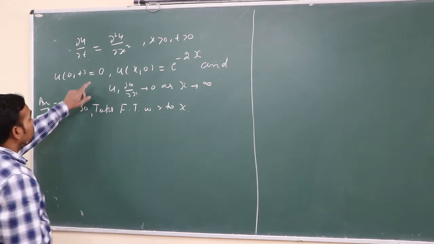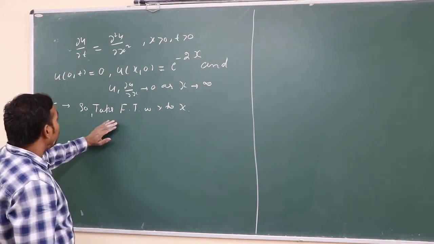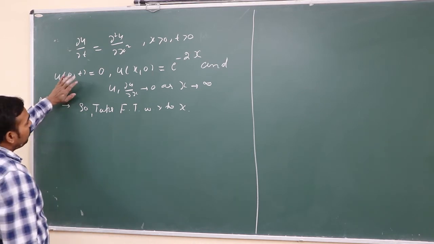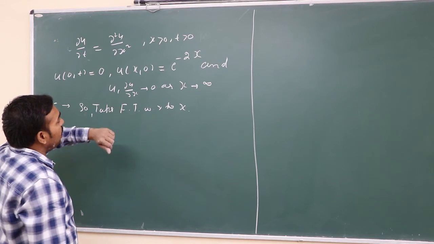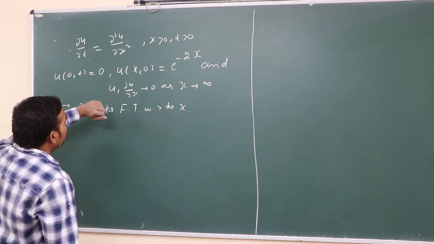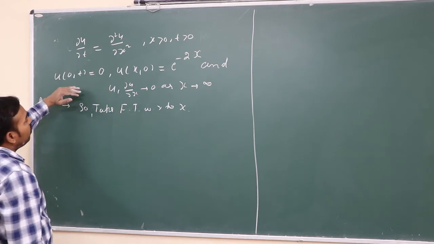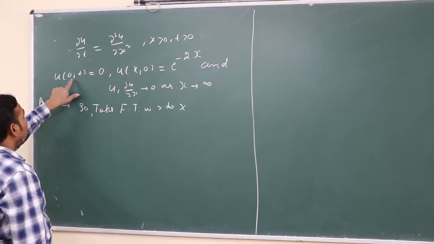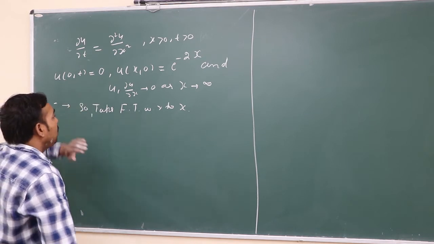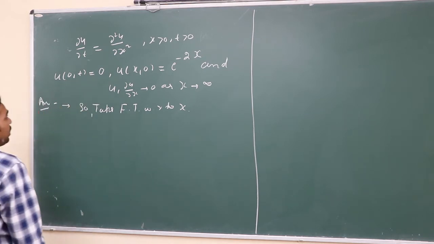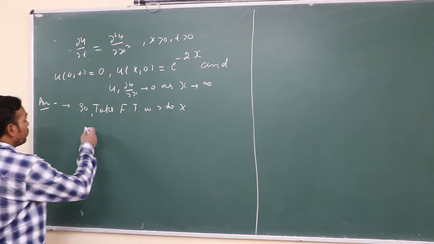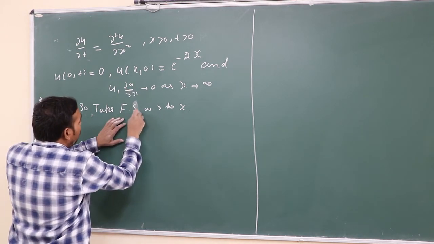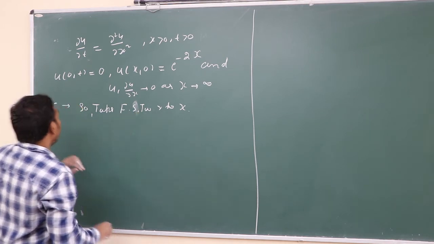At the lower end, at x equal to 0, we check whether the value is given or not. Here the value at x equal to 0 is given, so we can simply apply the Fourier sine transform with respect to x.